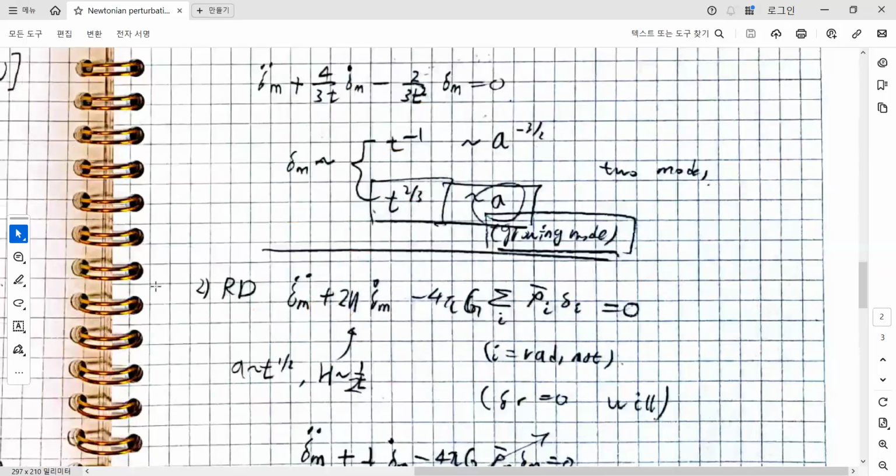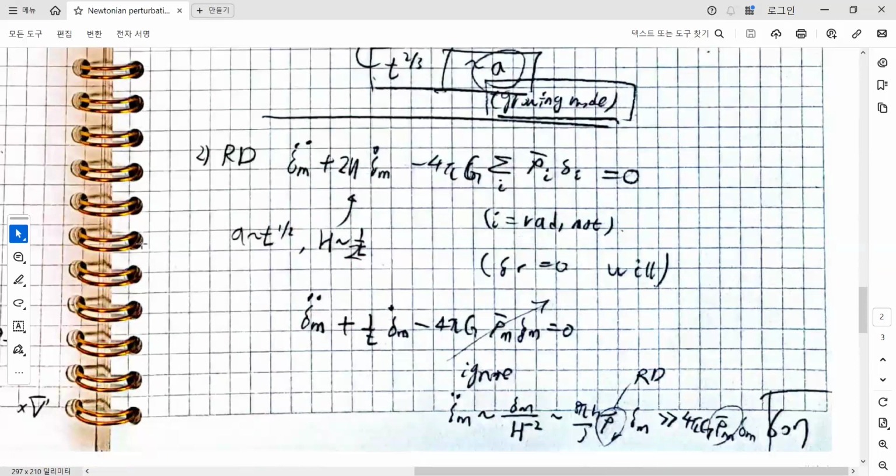And for the radiation-dominant case, there are also solutions, so we can insert the Hubble relations here, and also there are some gravity contributions and density components coming from the radiation part and the matter part.